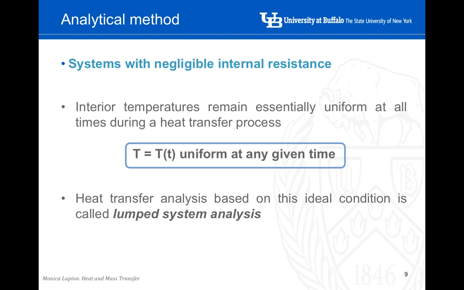So systems with no internal resistance satisfy the condition that the temperature can be considered uniform with position and uniform at a given time. So there is no dependence on position, but mainly on time. The heat transfer analysis based on this ideal condition is usually called lumped system analysis.